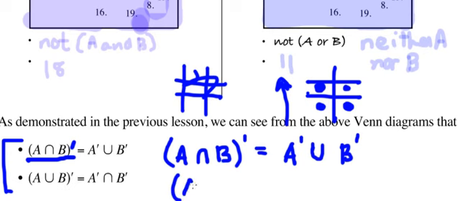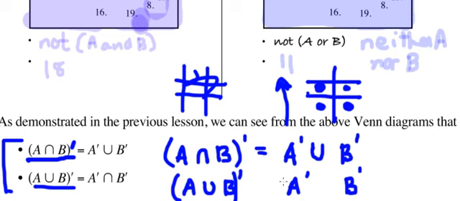If you had A or B all prime, that's this, the prime goes through and affects all three of these things again. So the A turns into an A prime, the B turns into a B prime, and the or turns into an and. So A or B all prime is equivalent to A prime and B prime.